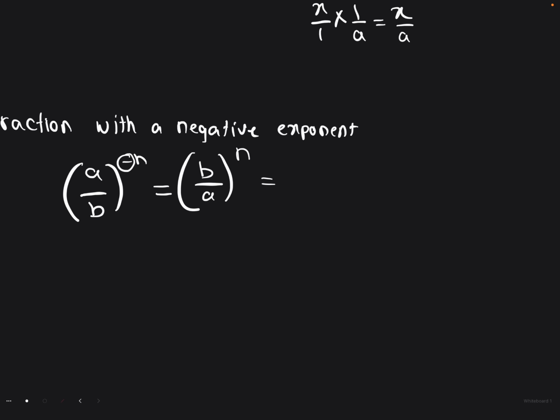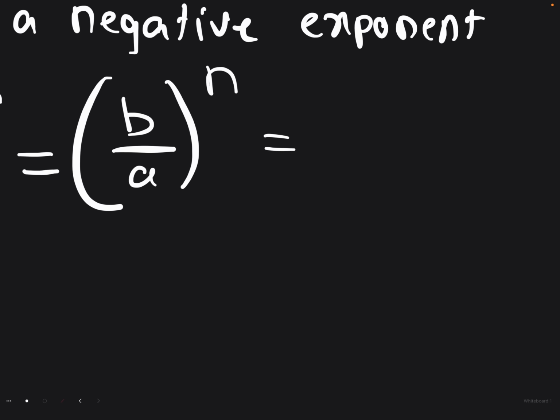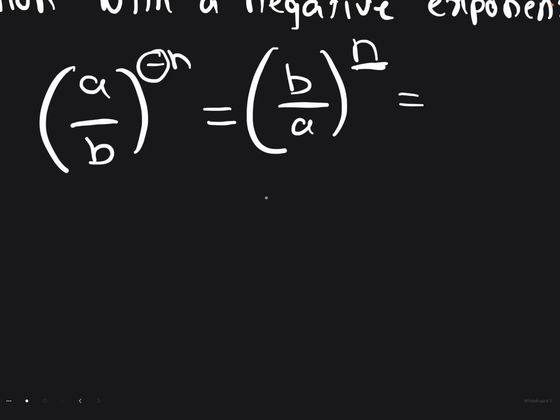Now we equate it. Whenever you're adding exponents to a fraction, you always add them to the numerator and the denominator.